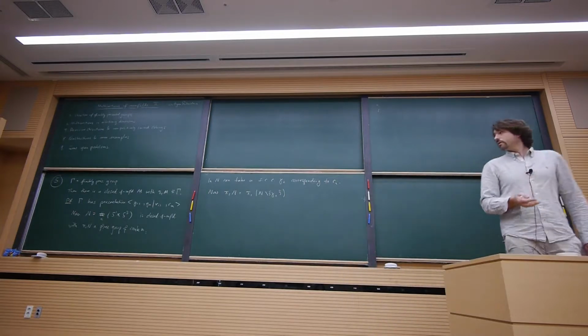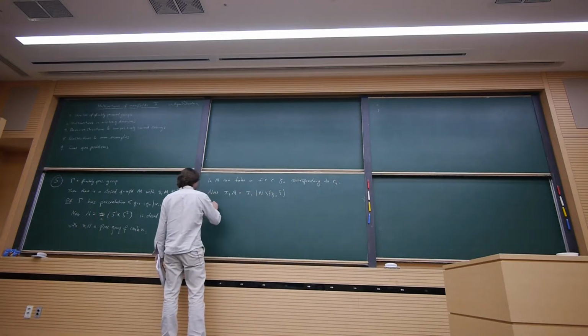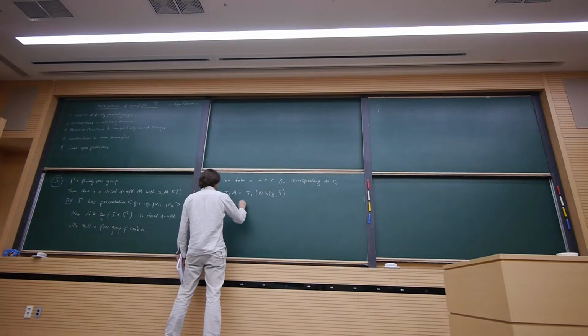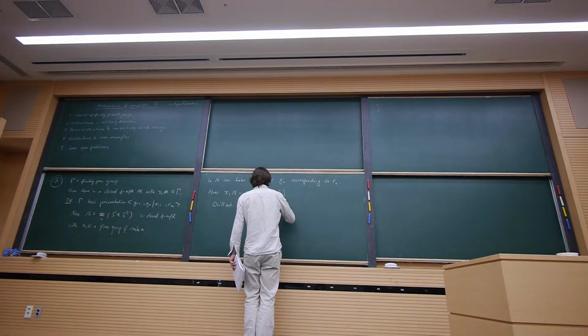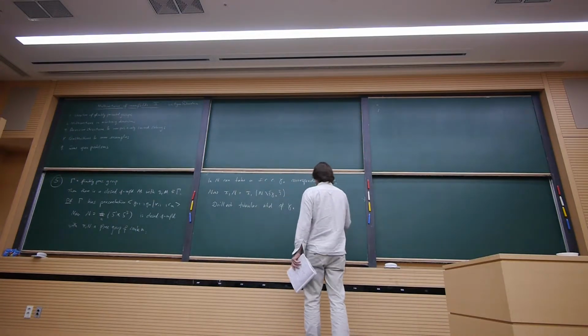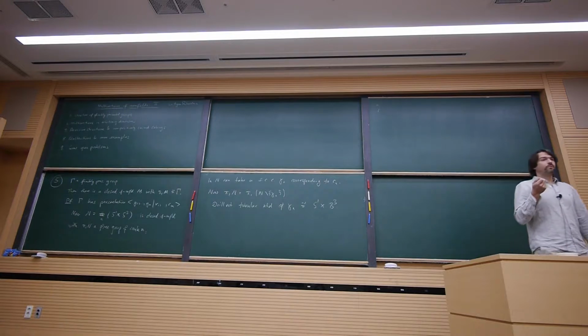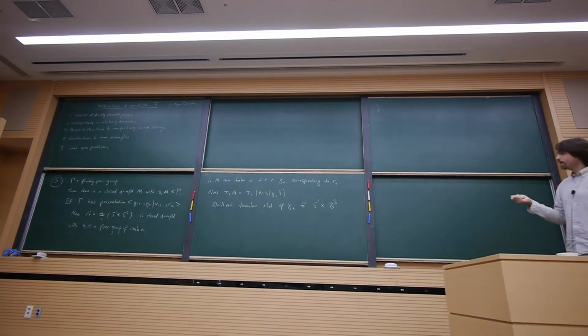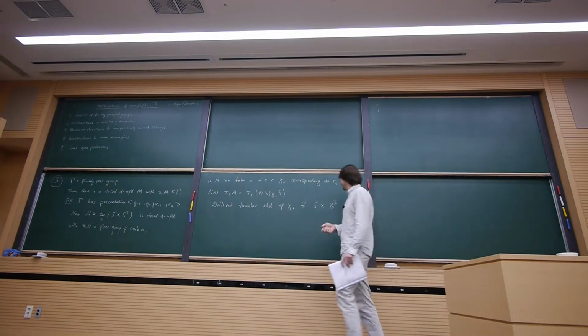When we drill out a tubular neighborhood of gamma i, this is really of the form S1 times B3, and then we can basically kill gamma i by just sticking in S2 times B2. So that's what we do.